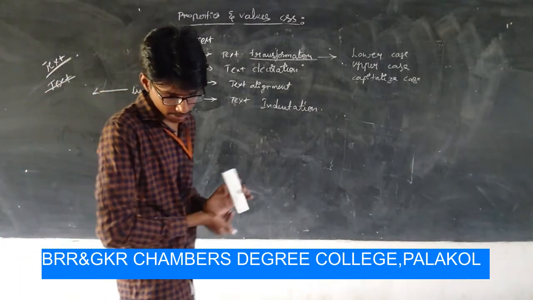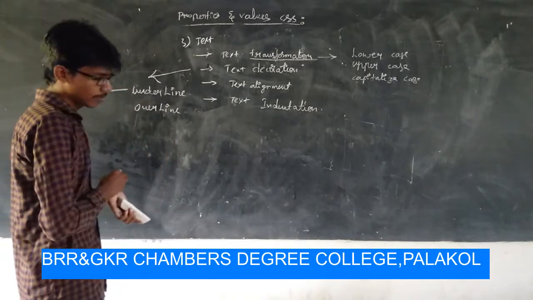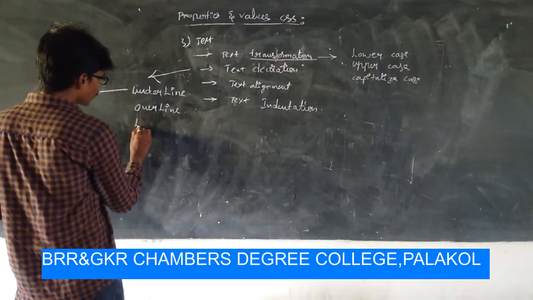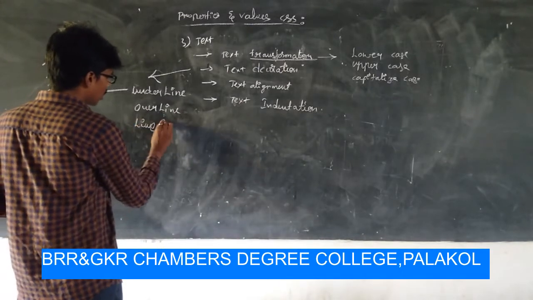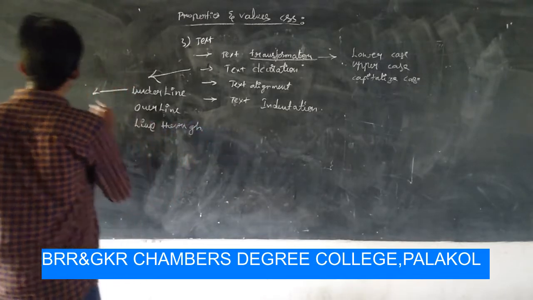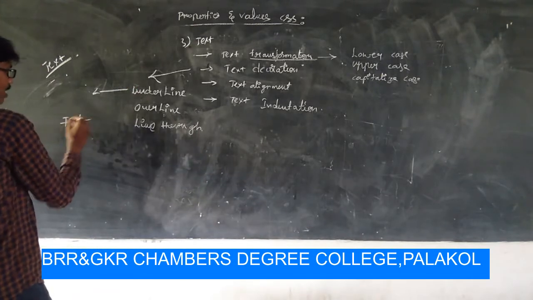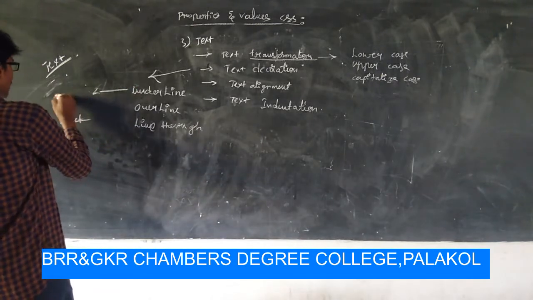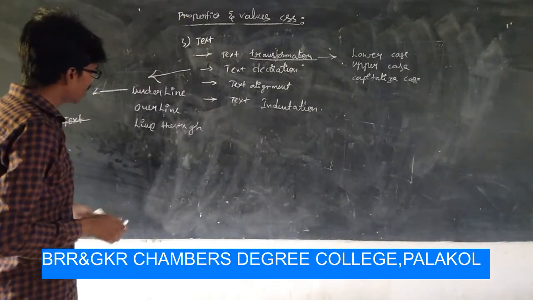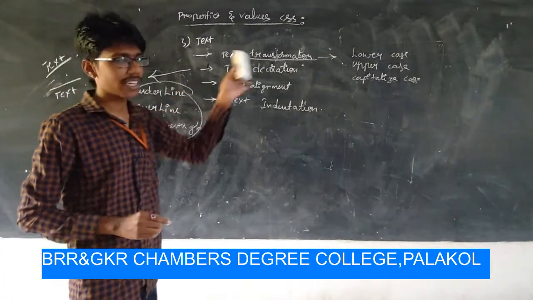Another one is line-through, that means a line goes through the middle of the text. Overline means the line is in the upper part. These are the different values for representing text decoration.